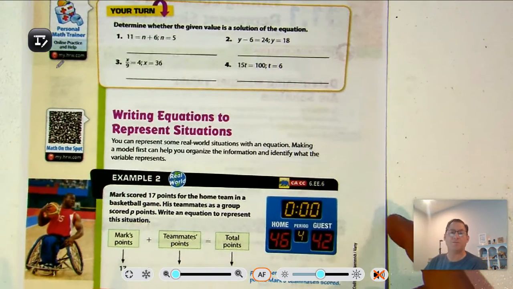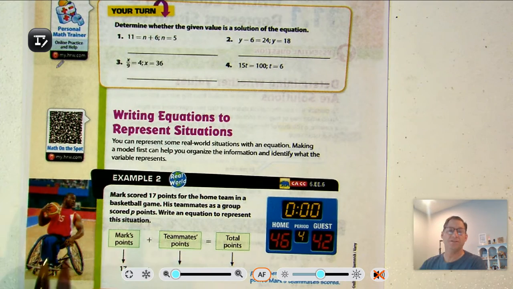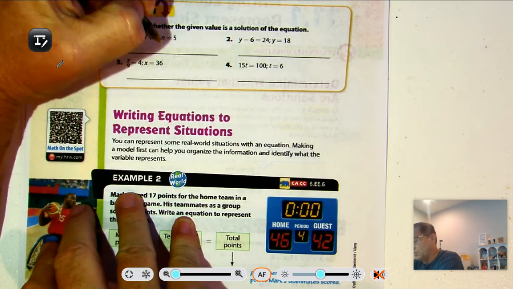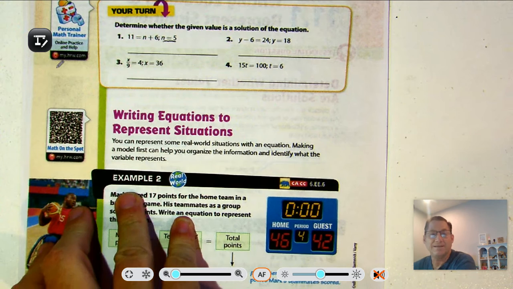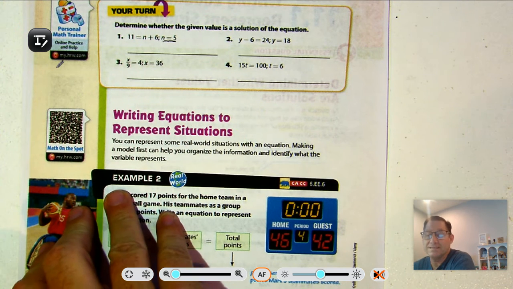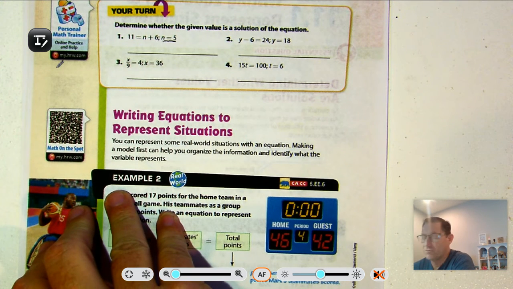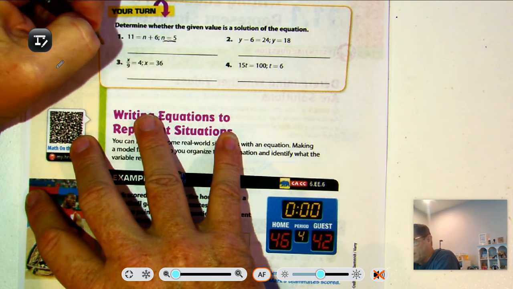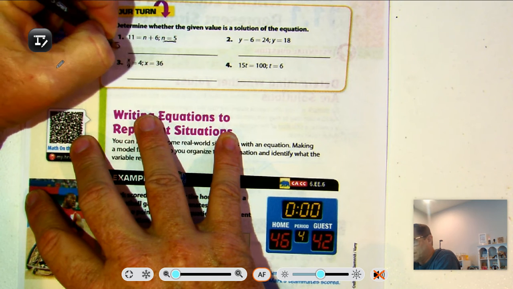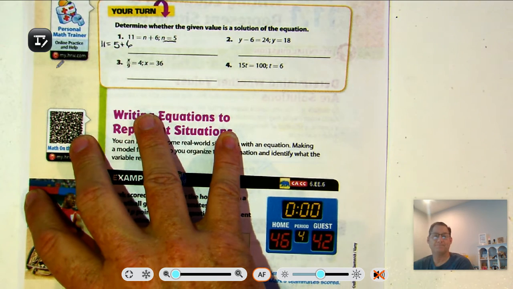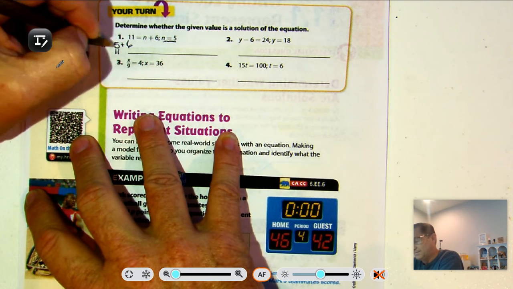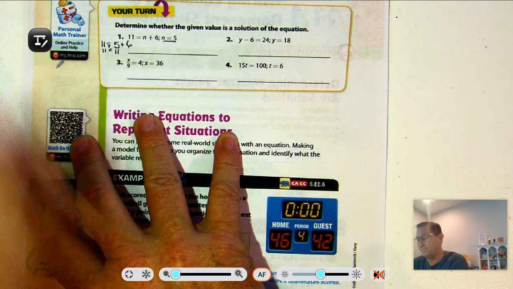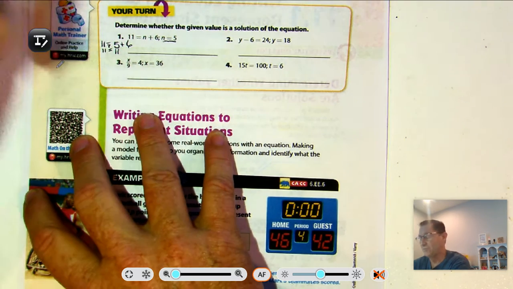Determine whether the given value is a solution of the equation. In number 1, they want us to see if 5 is a solution for the equation. So we're going to substitute 5 for n. We're going to add 5 and 6. And 11 does equal 11.